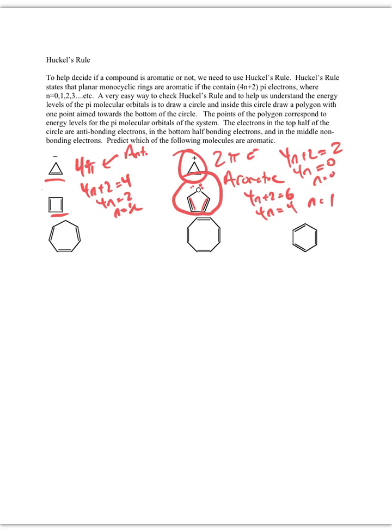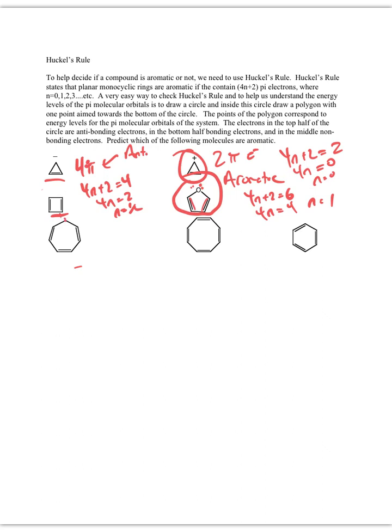Okay. Then if we go to the cycloheptatriene, we say, does it fit all of the rules of it? Is it planar? Well, it probably is. Does it have alternating single-double bonds all the way around the ring, or a continuous pi system?